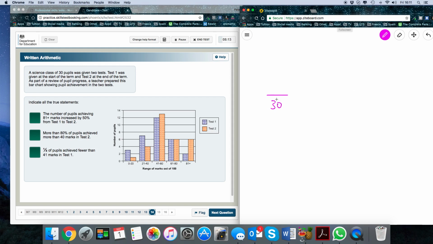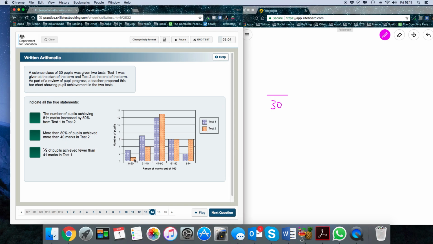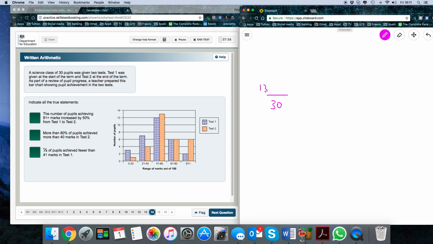So we get 30 in at the bottom, and then we count up how many got more than 40 marks in test 2. Test 2 is orange. This little orange bar, these people only got 0 to 20 marks. These people here, 21 to 40, so we don't need them. We need this bar here, which is 13. I'm going to jot that down, 13. This bar here is 6, and this bar on the end is 6 also.